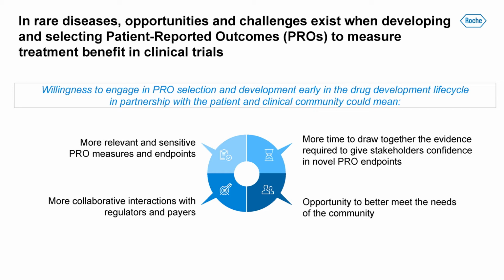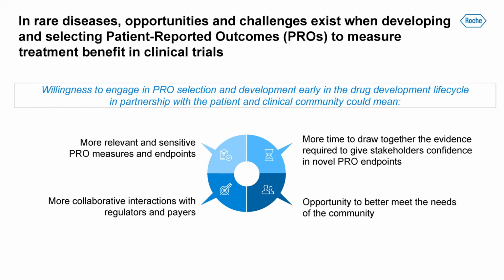We have the opportunity to collaborate more closely with regulators and payers to really make sure that we're measuring what matters in rare diseases. We'll have more time to draw together the evidence that is needed to give stakeholders confidence in novel patient-reported outcome endpoints. And of course, ultimately, we'll have the opportunity to better meet the needs of the patient community living with the rare disease.